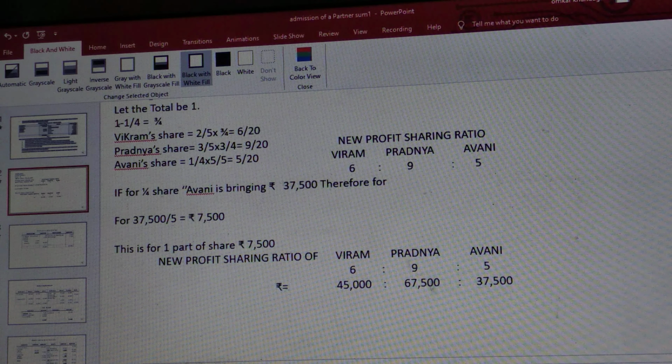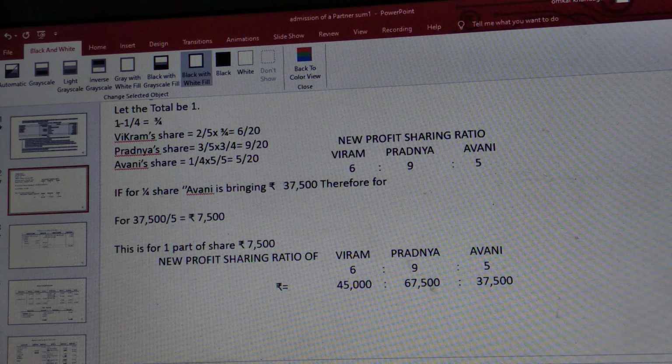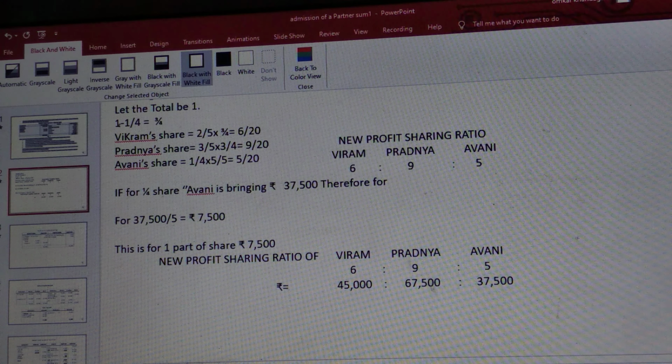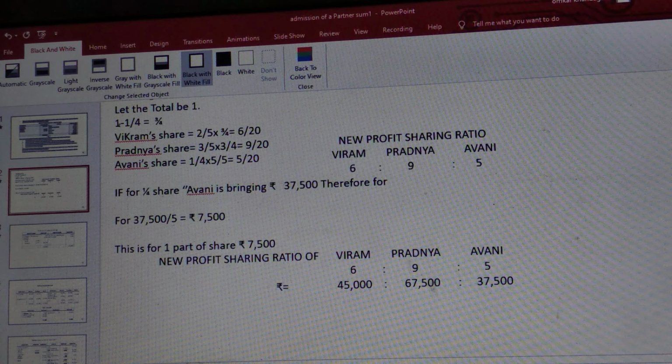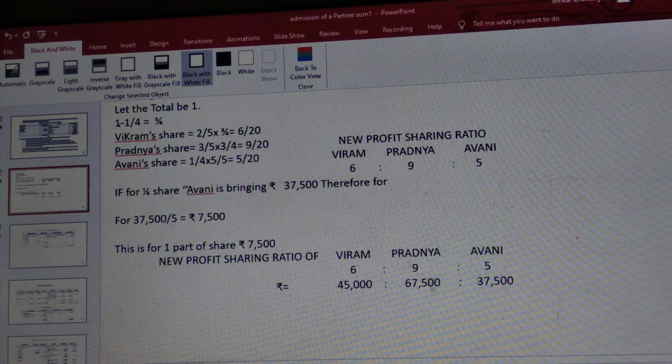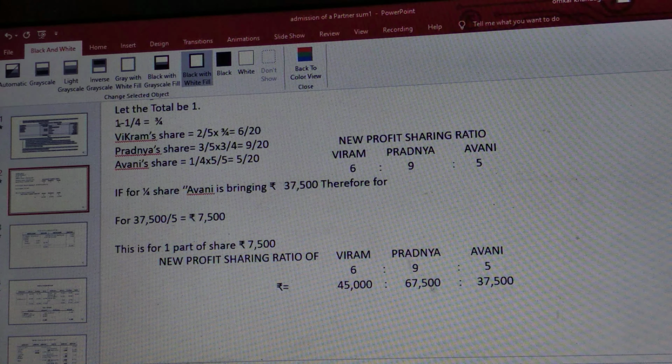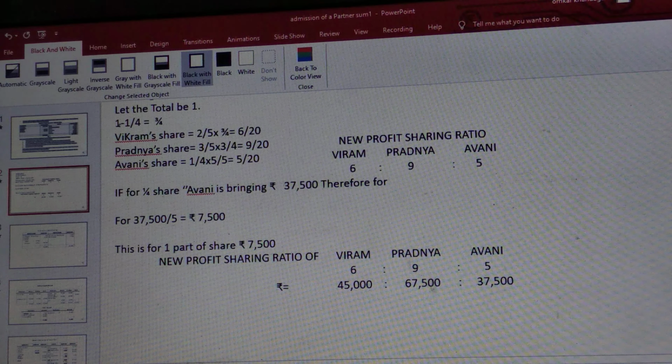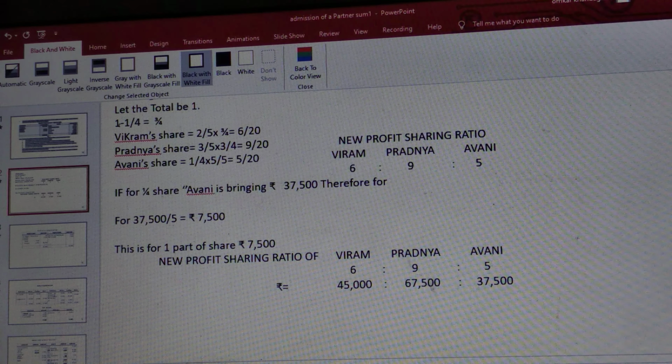Why have I done all this working? Because they have mentioned in the adjustment that the capital of the partners will be adjusted in their new profit sharing ratio, and if there is any excess amount, that will be shown as loan. Is it understood by you?